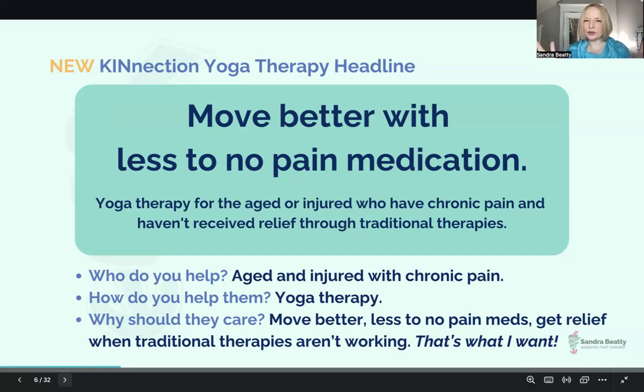How do they help them? Yoga therapy. Why should they care? They're interested in moving better. They want less pain, preferably no pain, and maybe even to come off their medications. And they're the kind of people who have tried traditional routes that haven't worked for them, so they're willing to try yoga therapy.